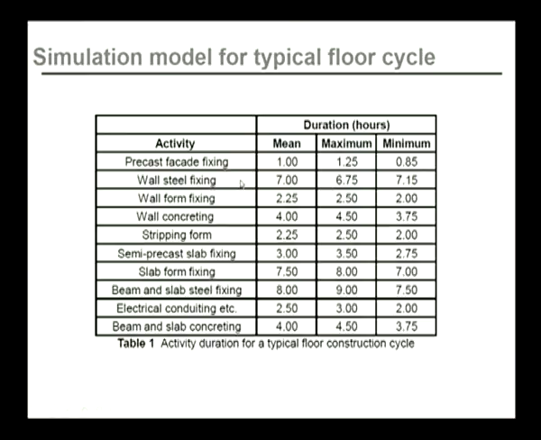For example, for the precast facade fixing activity, if the average time required is 1 hour, the maximum time with all constraints of manpower, weather, etc., may be computed as 1.25 hours. And the minimum can also happen. There is a probability that the activity finishes well before time, and it can take only 0.85 hours.